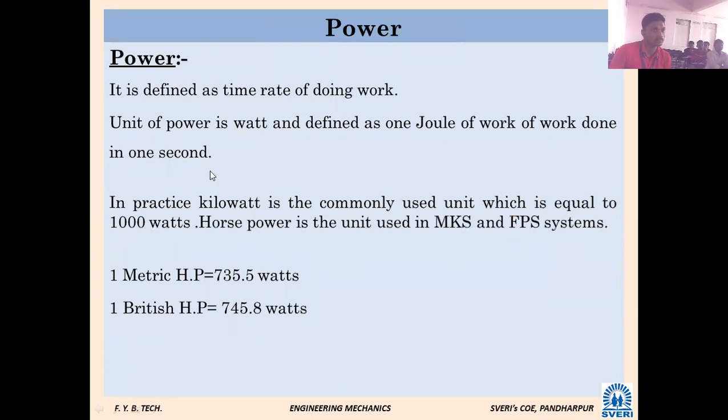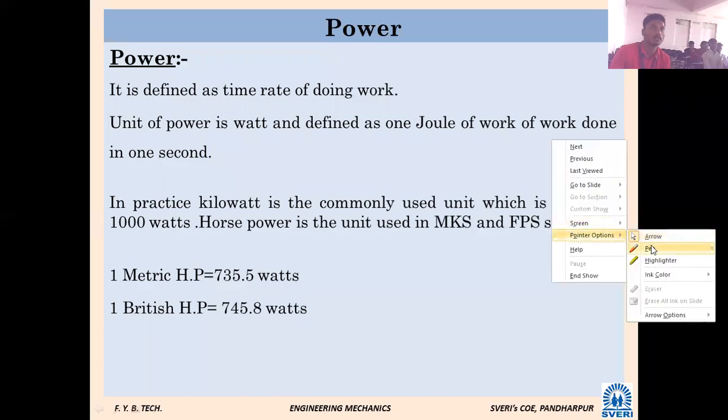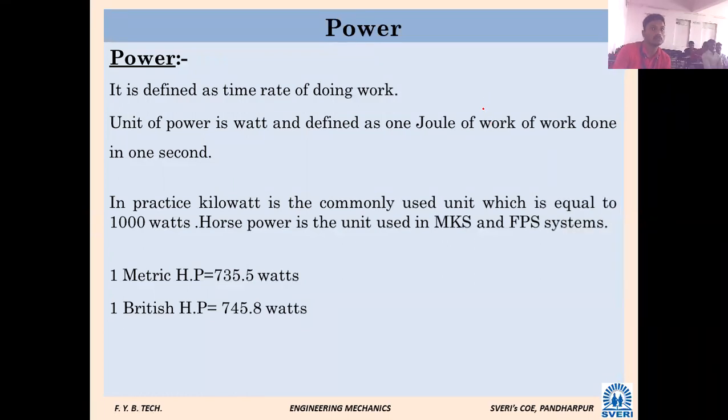Further, power. What is power? It is defined as time rate of doing work. Work, time rate of doing work, is nothing but power. Unit of power is watt. It is defined as 1 joule of work done in 1 second, or simply we can say 1 watt is equal to 1 joule per second.